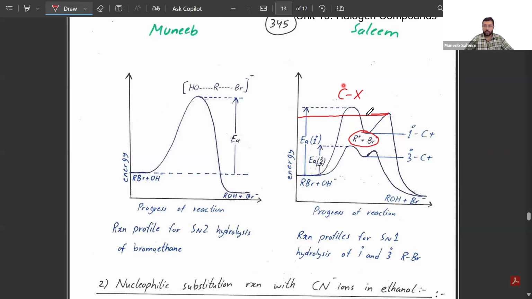You can see that there are two different curves. The lower curve is for the reaction in the presence of the catalyst, and the higher curve represents the reaction without the catalyst. Otherwise, this graph belongs to the SN1 mechanism in which a tertiary haloalkane is used, represented by this letter, 3 degree meaning tertiary haloalkane.